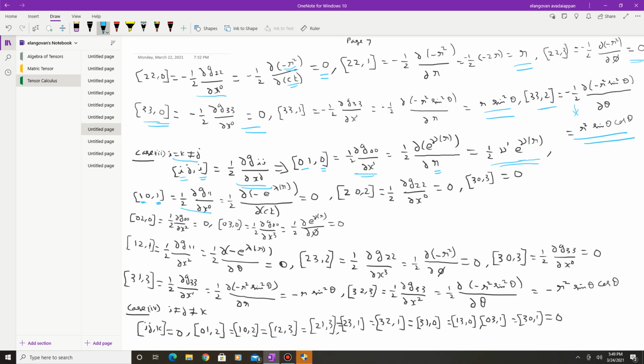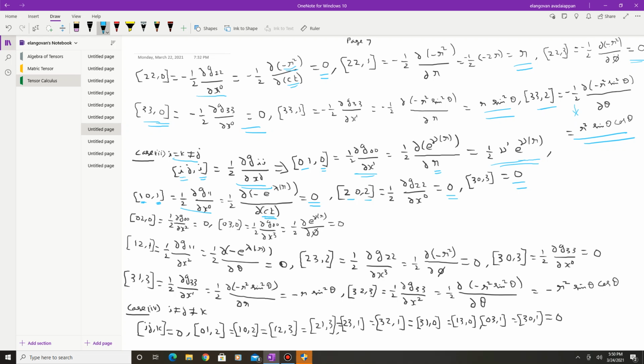Using this result, x0 is ct, a time coordinate, and this is independent of time, so it is 0. And if you put 2 2 0 here, half into, from the result of the previous problem, partial d g22 by partial dx0. x0 is a time coordinate, g22 is independent of time, so this is 0. Therefore similarly 3 3 0 is also 0.